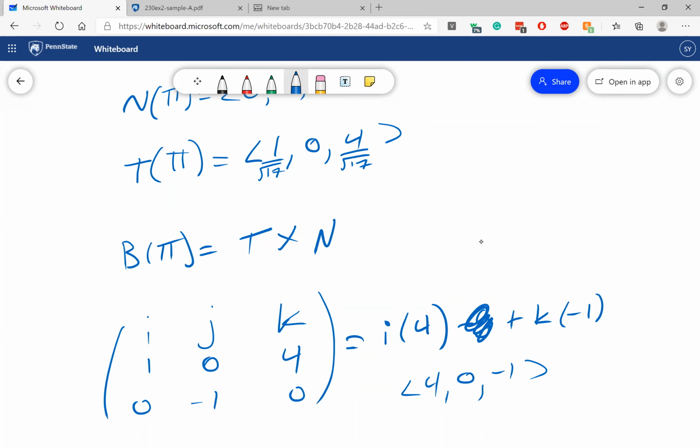Sorry, there's a square root of 17 here. So this is all over the square root of 17. Okay, and this is b at pi. Any questions?